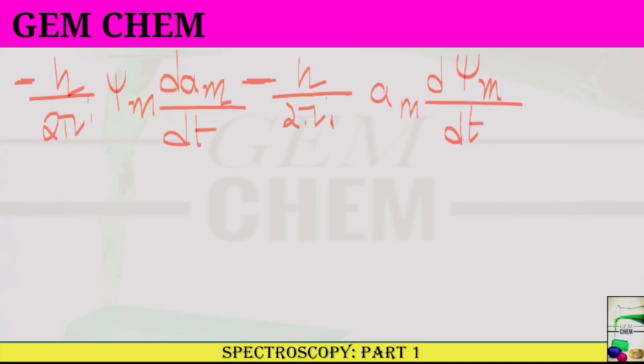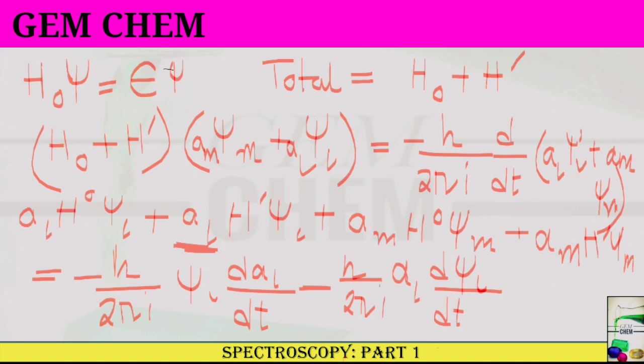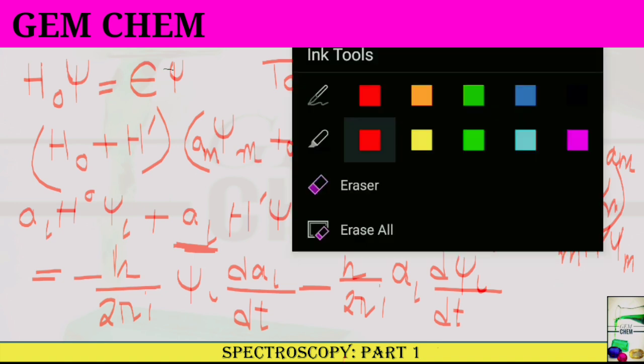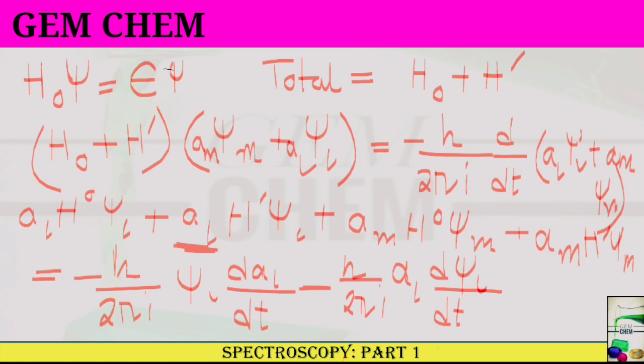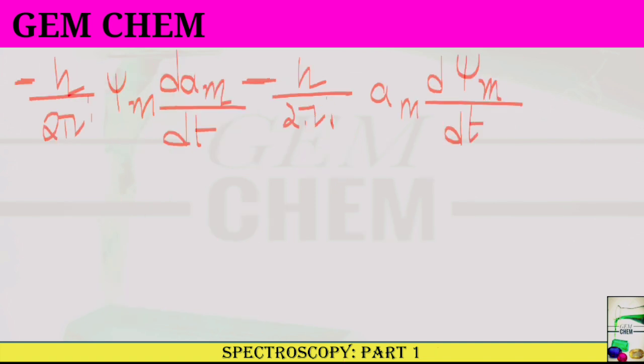Now, terms which get cancelled, or can be neglected because they do not involve any perturbation, will be equal to 0. For example, these terms will be 0, this one, and this one. Similarly, another one will be this one, and on the next page we have this one, that is d xi m by dt.